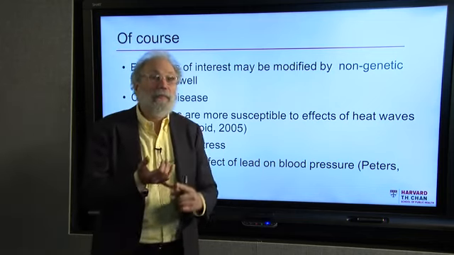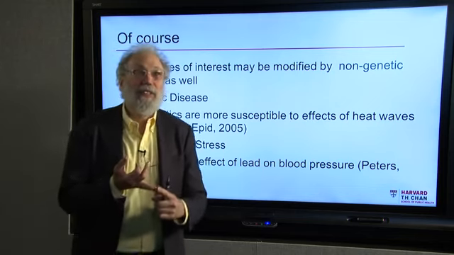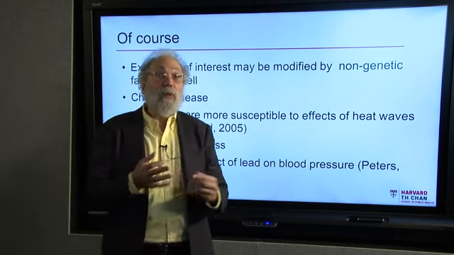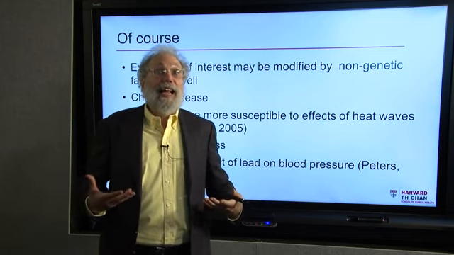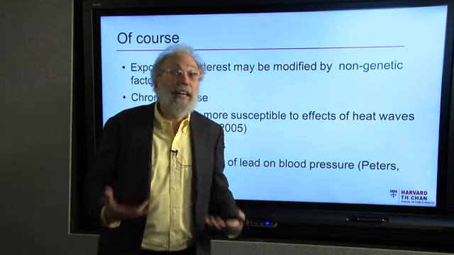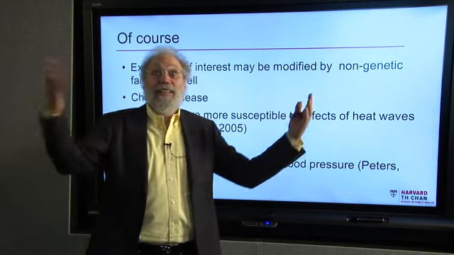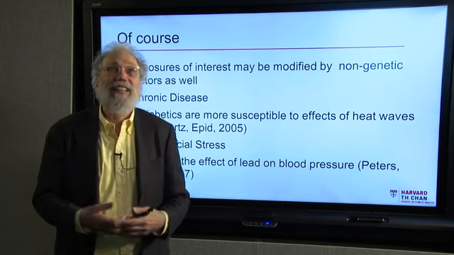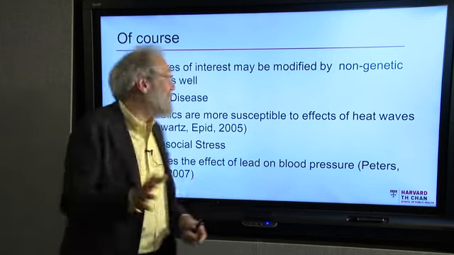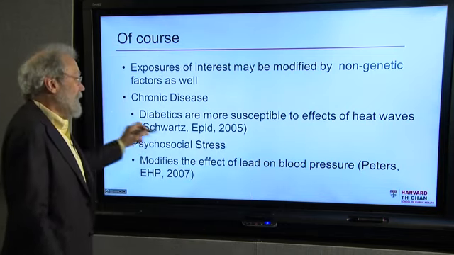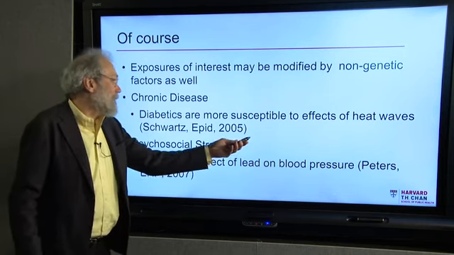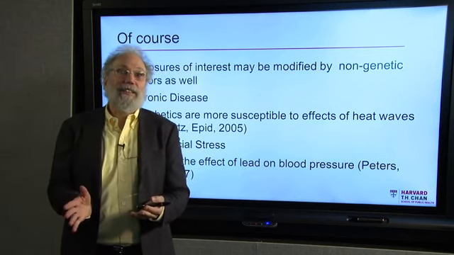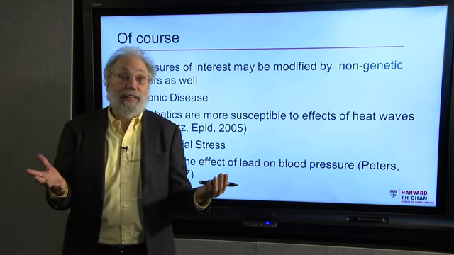We have people with diabetes, we have people with chronic obstructive pulmonary disease, we have people with obesity, which induces systemic inflammation in the body, and this is affecting a very large fraction of the population right now, etc. So there are many chronic diseases, and so, for example, this is a paper that I published in 2005 showing that diabetics are more susceptible to the effects of a heat wave.